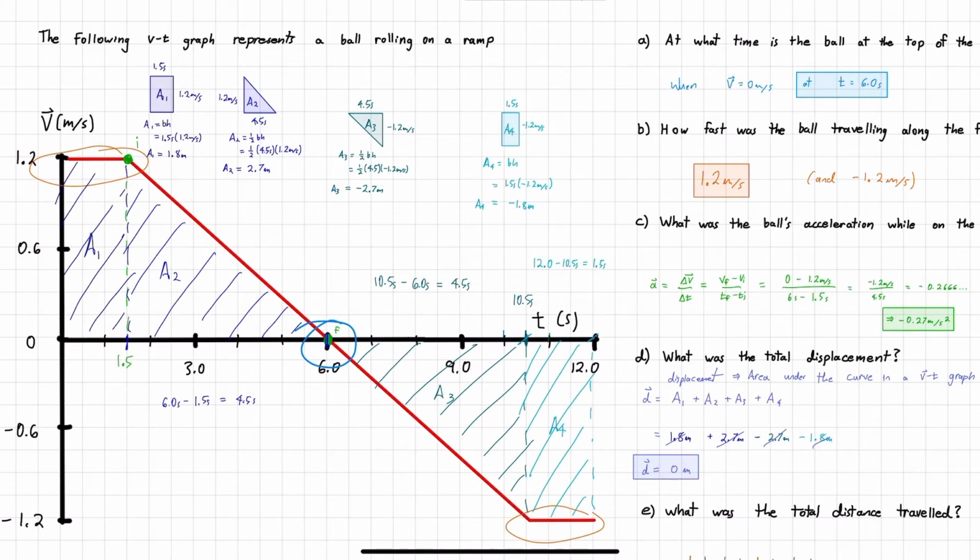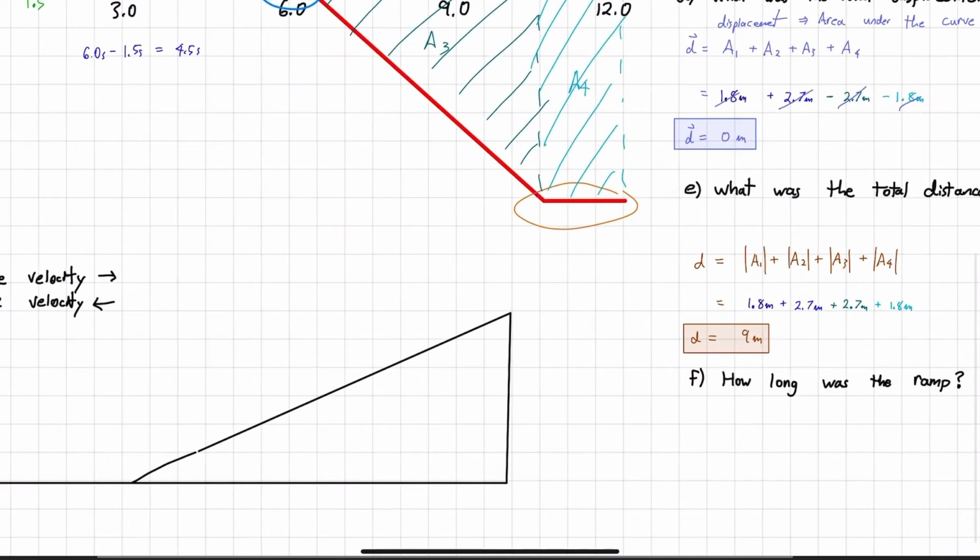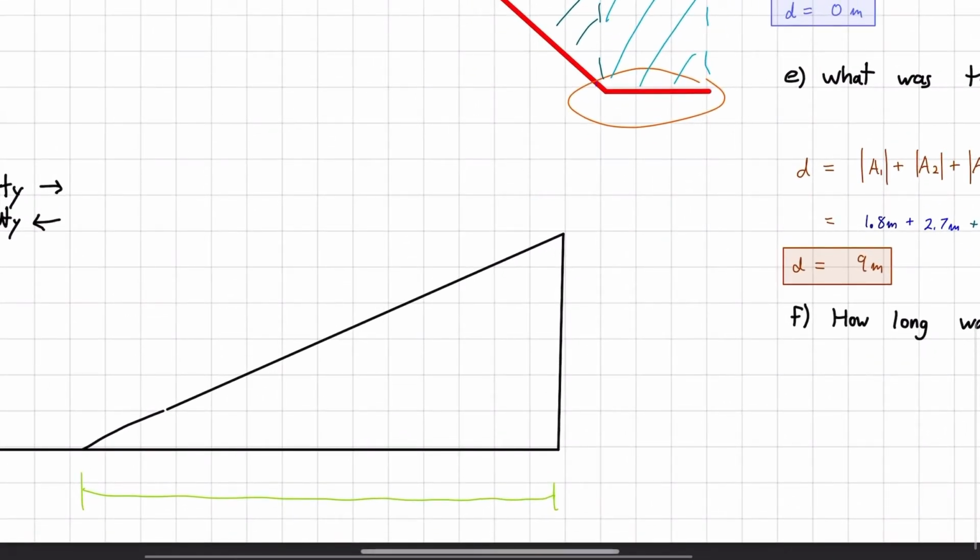But the strategy here is to look at our graph, think, okay, what part of our graph here represents the ball on the ramp? Well, it's this diagonal here, right? So when we want to know how long the ramp is, we're asking for what is this distance? How long is that ramp?